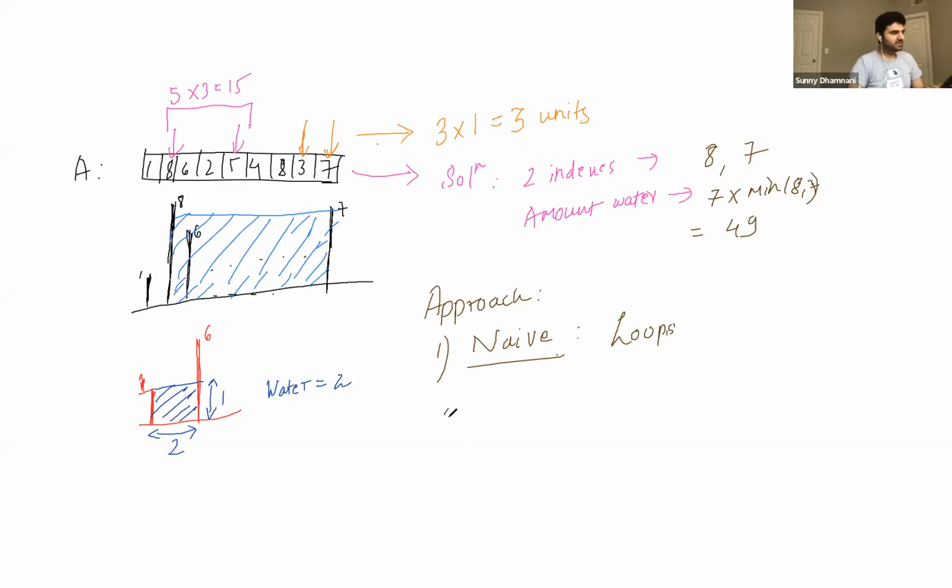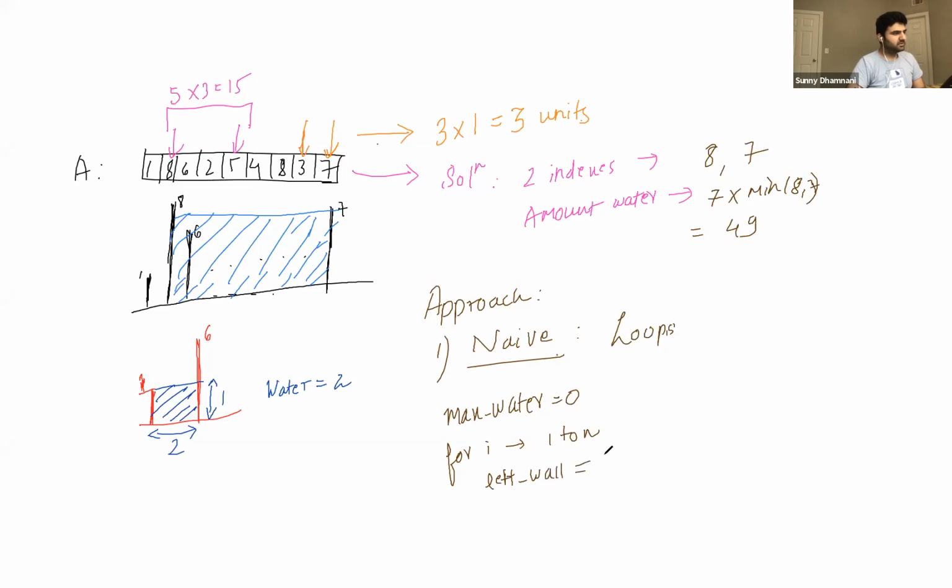So what we'll do is keep a max water variable, which will be 0 initially. Then we'll run a for loop for i from 1 to n. It will be easier to understand if I say left, so I'll get my left wall.